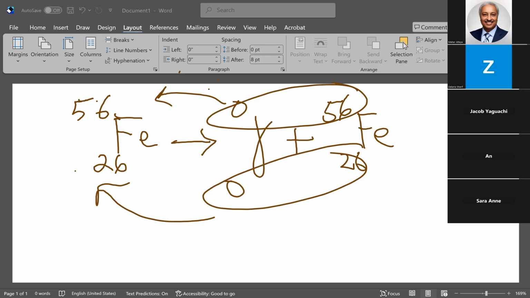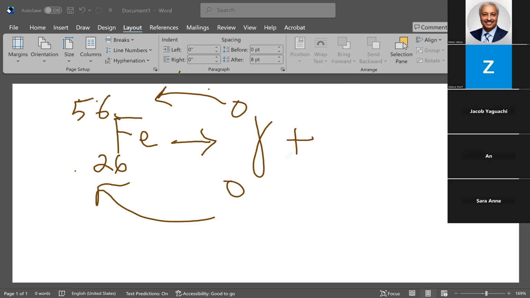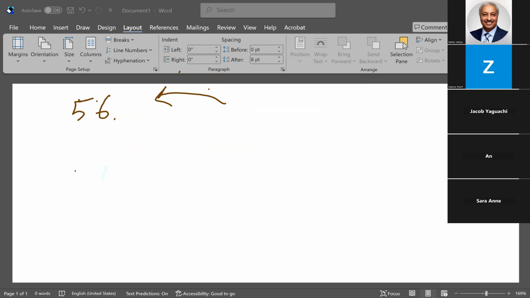Okay, so pick up any element and then we'll get all those 6 radiation out of it. Come on, guys, pick up any element.